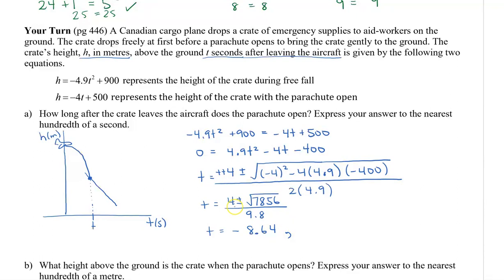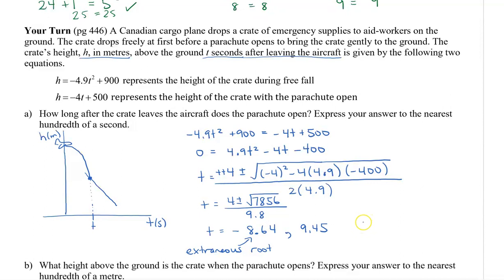And then doing my positive one, 4 plus the square root of 7,856. Press equals, and then divide it all by 9.8. I get 9.45. So the negative one doesn't make sense. We're going to reject it. So answers that are rejected, like this, are called extraneous. So this would be called an extraneous root because it doesn't make sense in this problem.